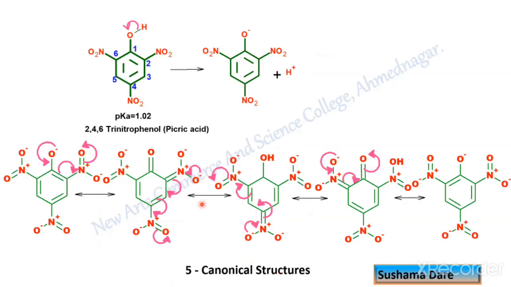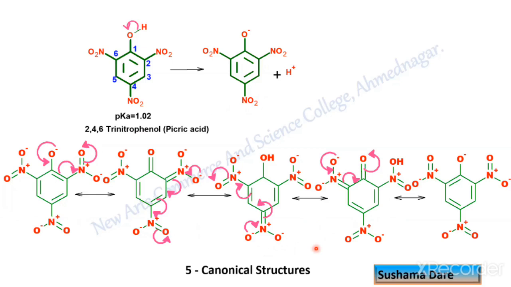Now this is the example of trinitrophenol, that is picric acid. After dissociation of the acid, we get this conjugate base, and here the resonating structures are shown again in the same way as in the previous structure. I am not showing the carbon carrying the negative charge, but that resonance structure is also possible.